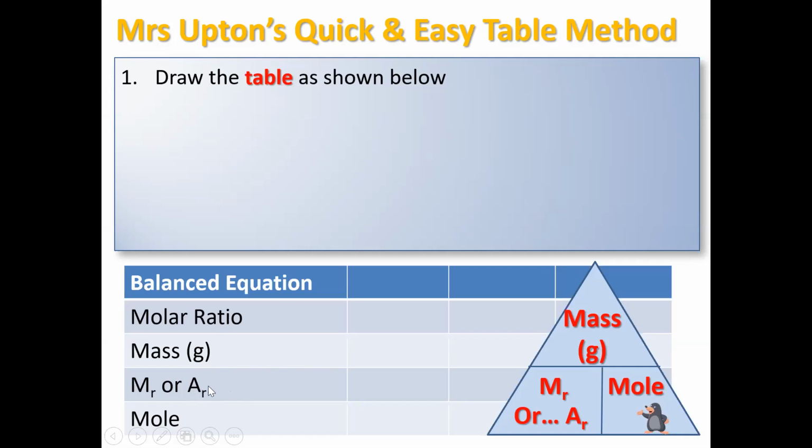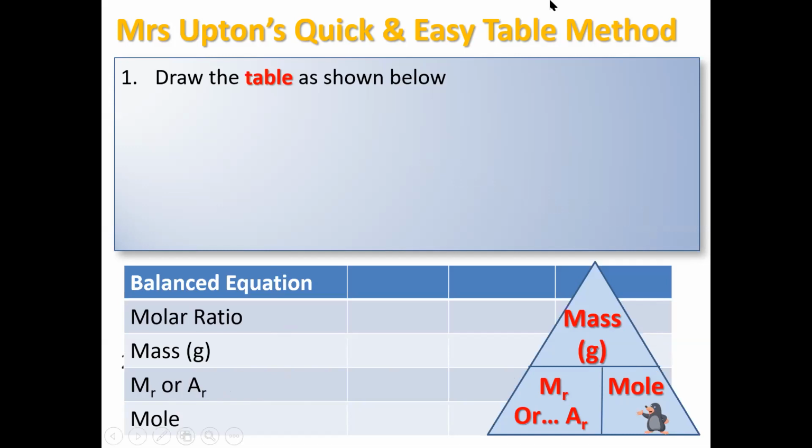And then you've got moles at the bottom. You would always use your mass, Mr, mole formula triangle to attempt these questions. So that's the table that I would like you to learn off by heart, so you can use this to attempt all of these questions.